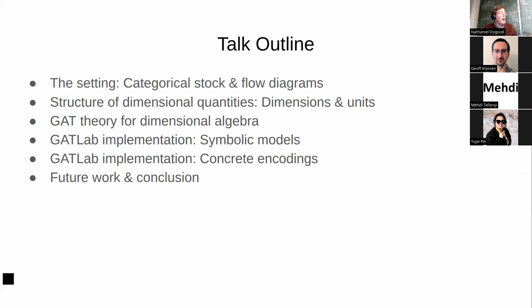And then we'll look at how these dimensional quantities can be combined algebraically, both symbolically with some extra work being needed that Uji has led for normalization, and then in terms of concrete encodings as values where the dimensions too carry specific encodings in terms of Julia types.